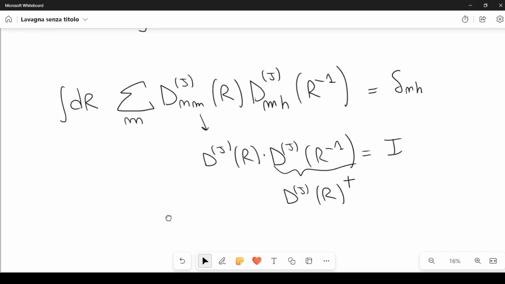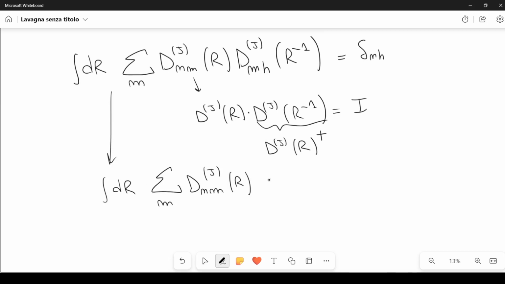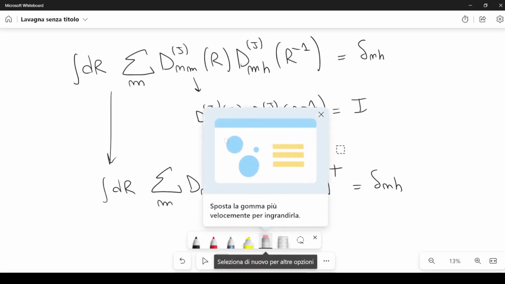And basically, I can rewrite it as the integral over r, sum over m, d n m j of r, and then I have d j m h of r dagger, equal to delta n h. But now the dagger, if you remember, is just the transpose complex conjugated.